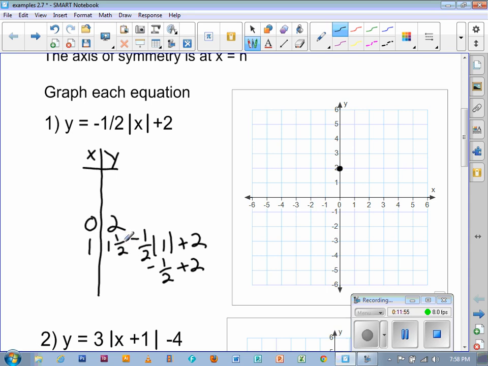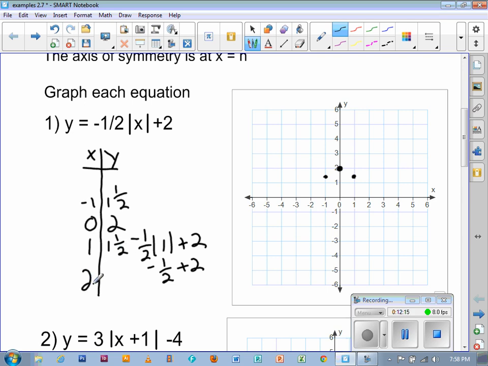So if I substitute 1 in for x, I'm going to have 1 and 1/2. So that's right there. Now the nice thing about absolute value graphs is that they have reflection symmetry. So I can plot a point over there, which is at (-1, 1 and 1/2). So you get 2 for 1 here. You get 1 point, you actually get 2.